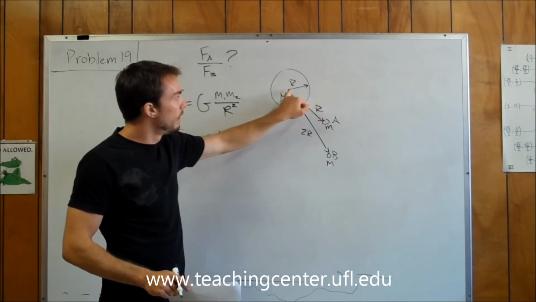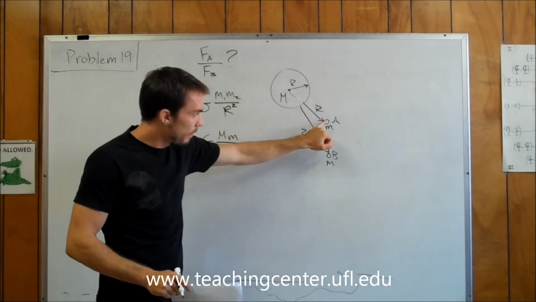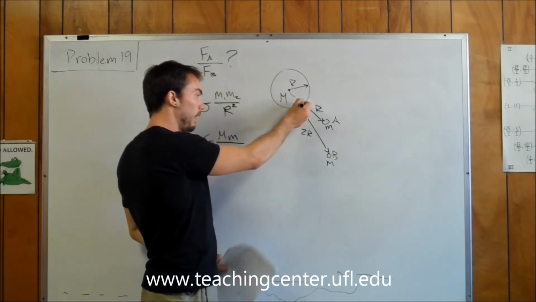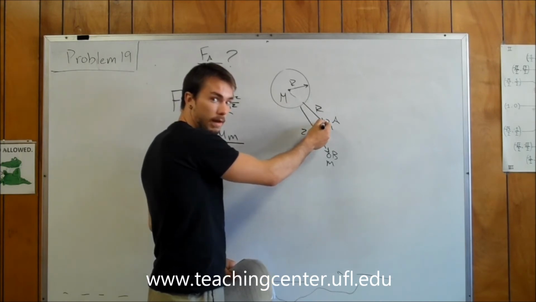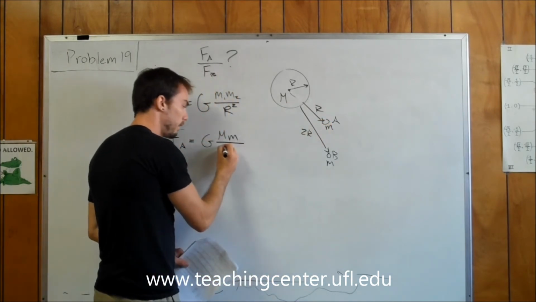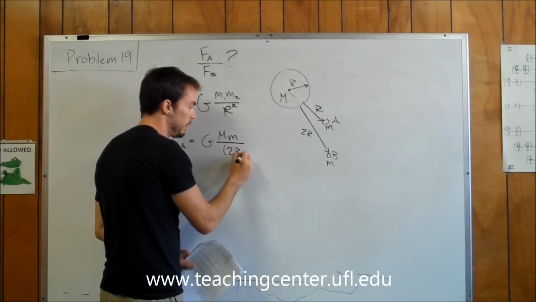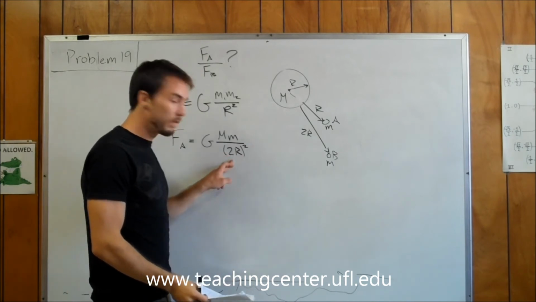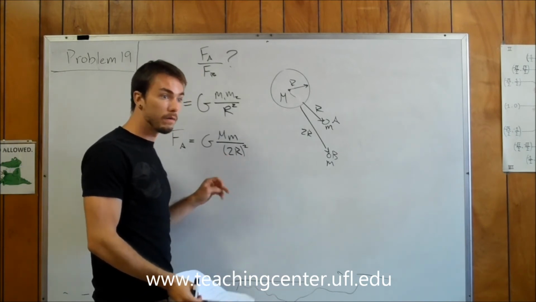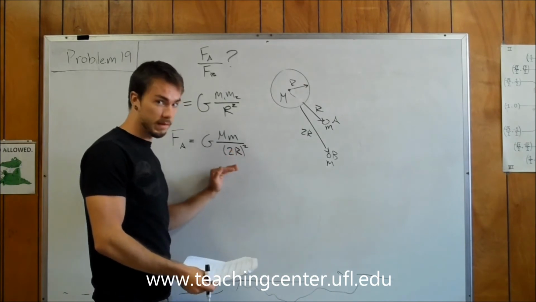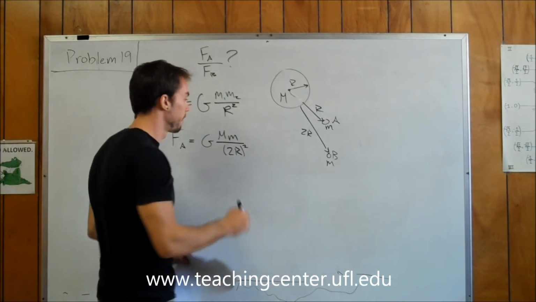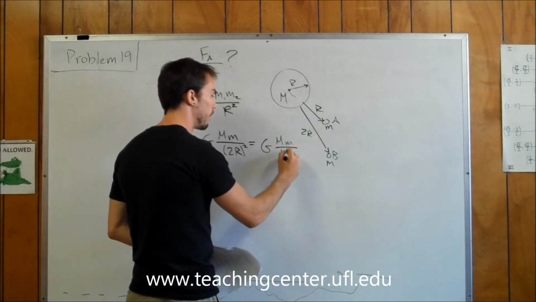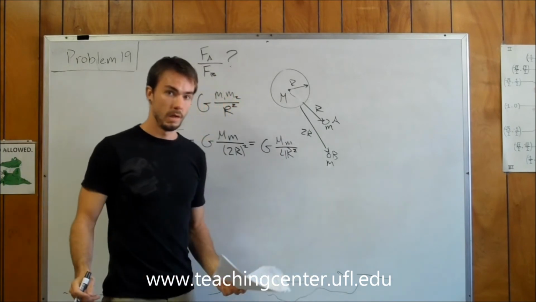So we go from the center of the planet, a radius r, to get to the surface of the planet, and then another radius r to get to satellite A. So we plug in 2r in the denominator and then square. Don't forget, you have to square both the 2 and the r. If you write 2r squared without squaring the 2, that's going to give you a wrong answer every time. So this gives us G, big M, little m, over 4r squared. Alright, that's FA.